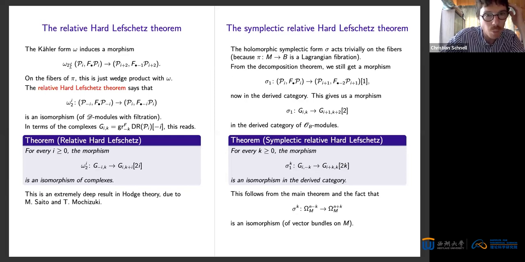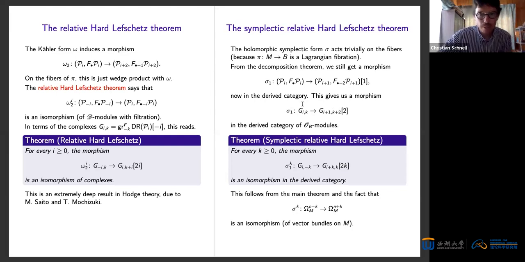Omega was of type (1,1), so you decrease the F degree by 1. Sigma is of type (2,0), so you decrease the F degree by 2. And in terms of my complexes G_{i,k}, I get a morphism that now goes from G_{i,k} to G_{i+1,k+2}.